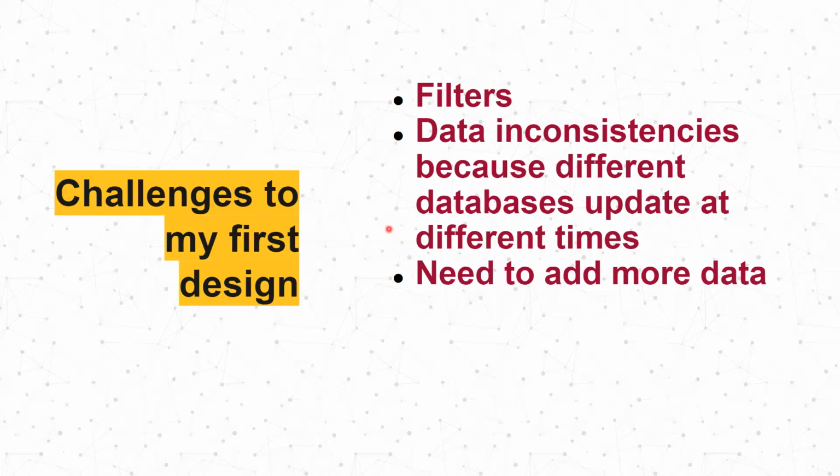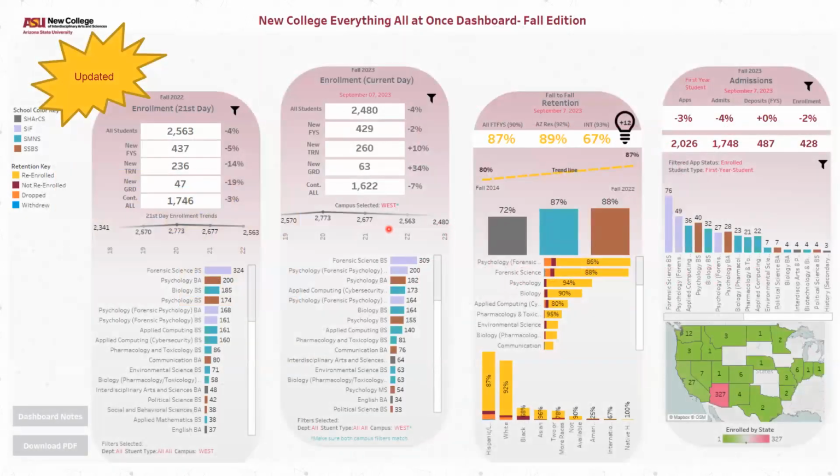So this is the updated version of the dashboard. What you can see here, I thought that perspective is everything, so I took a little bit of space and added a trend line here so we could see our enrollment trends from the last 5 years. I did that in the current as well.